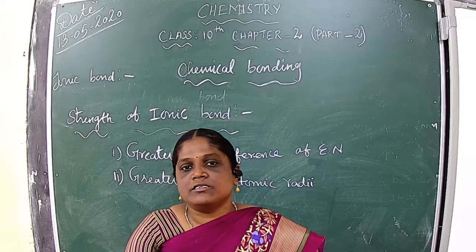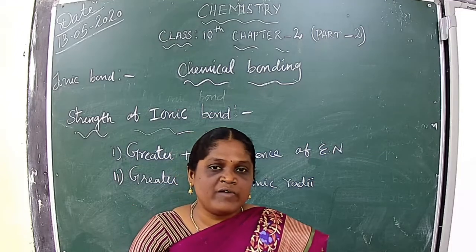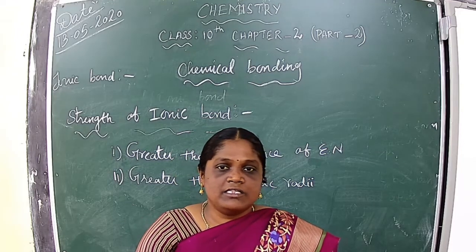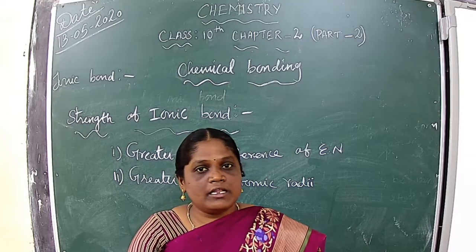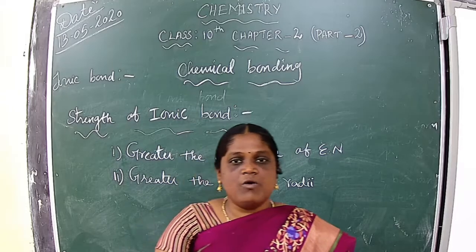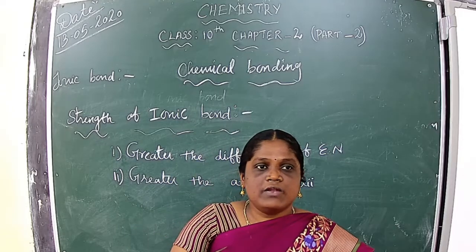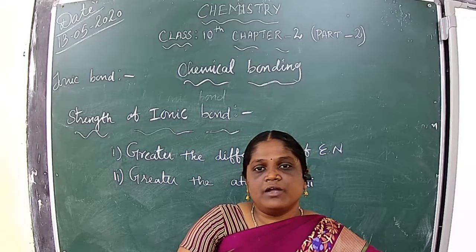The third topic is strength of ionic bond, which has two factors. First, the greater the difference in electronegativity, the more strength of ionic bond. Second, the greater the atomic radii, the more strength of ionic bond.